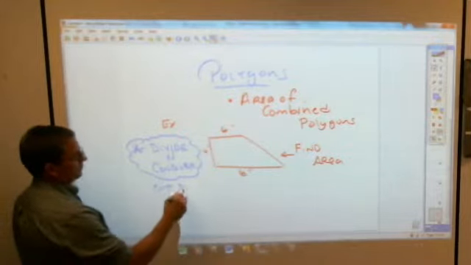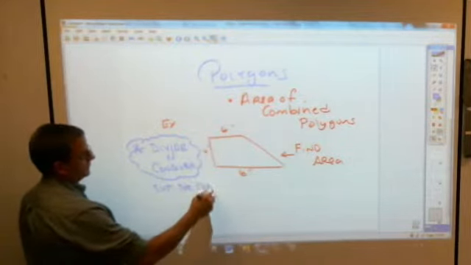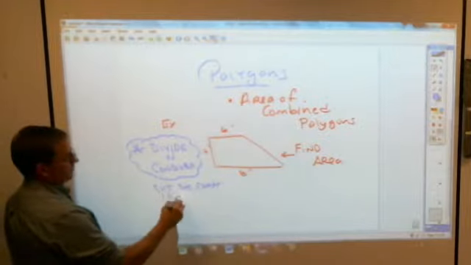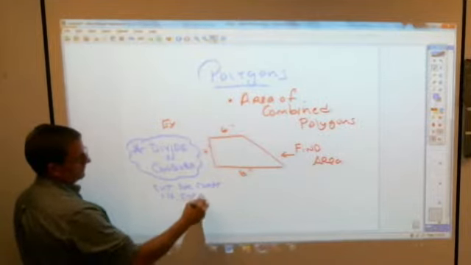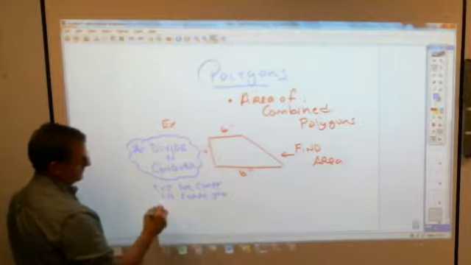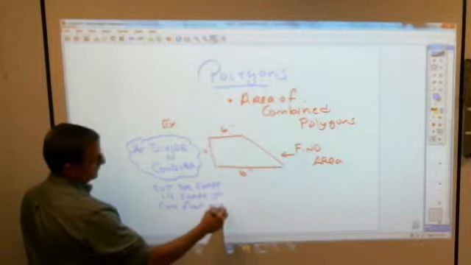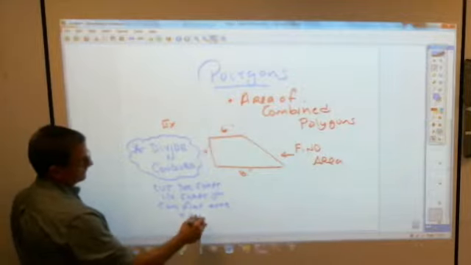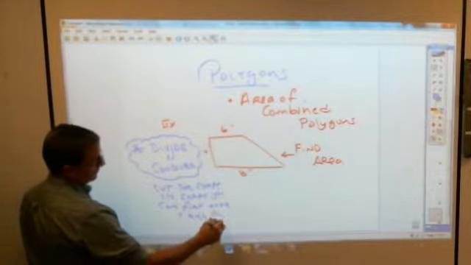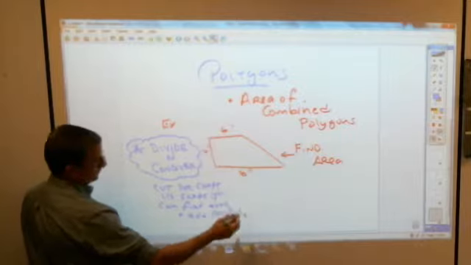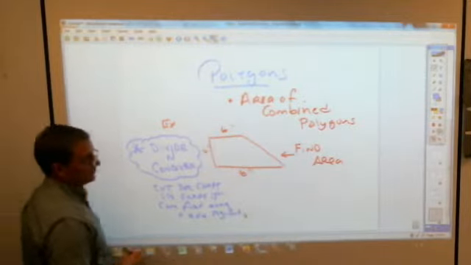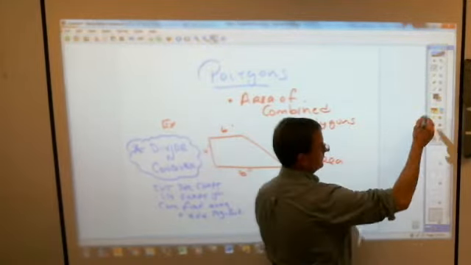Cut the shape into shapes you can find the area of and add together. Give you a chance to write that before we get all crazy here.